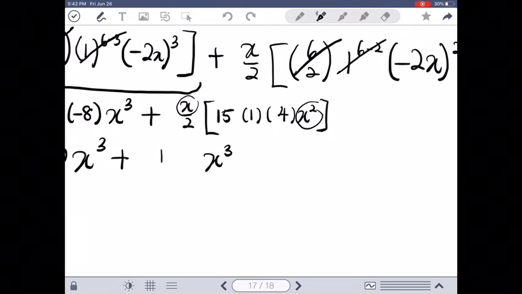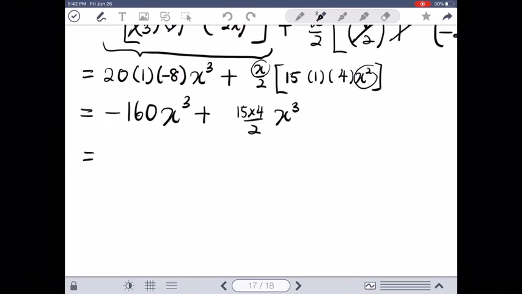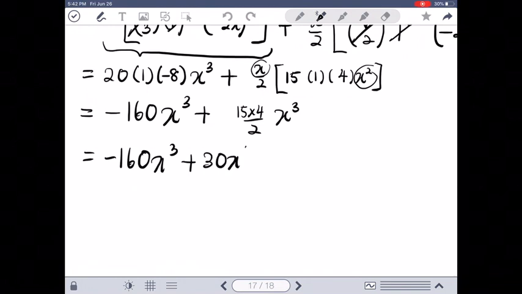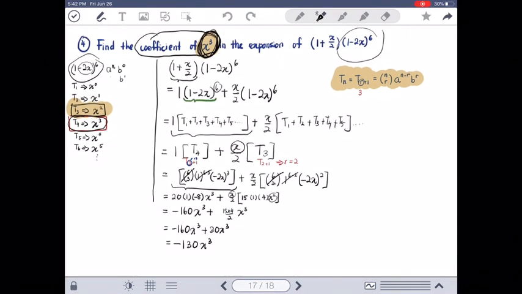So now 15 times 4 divided by 2. So negative 160 x to the power of 3 plus with 30 x to the power of 3. So negative 130 x to the power of 3.